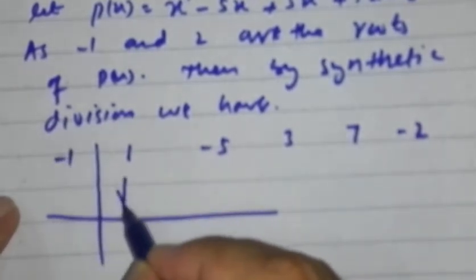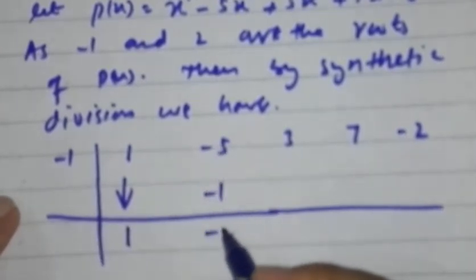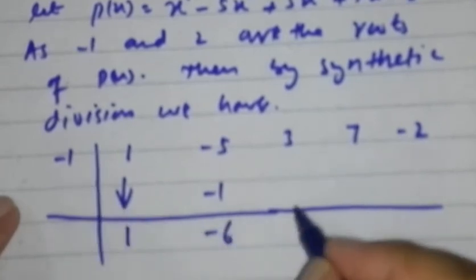First take minus 1, take this one down, minus 1 into 1 we get minus 1, so minus 6, minus 1 into minus 6 we get plus 6, 6 plus 3 is 9, minus 1 into 9 we get minus 9, here we get minus 2, and minus 1 into minus 2 we get plus 2, remainder is 0.